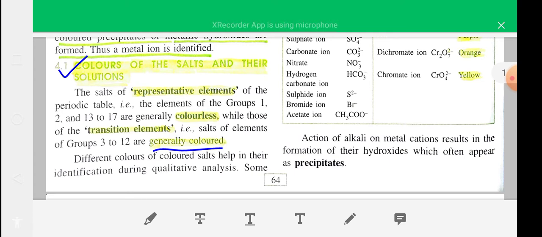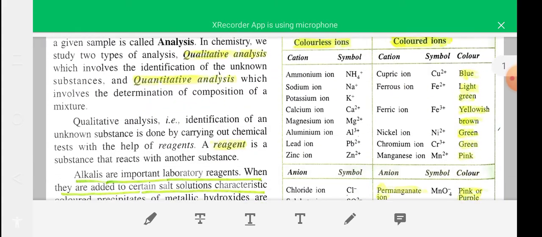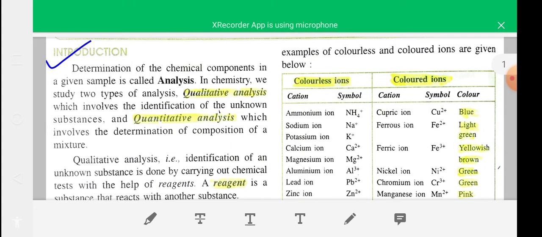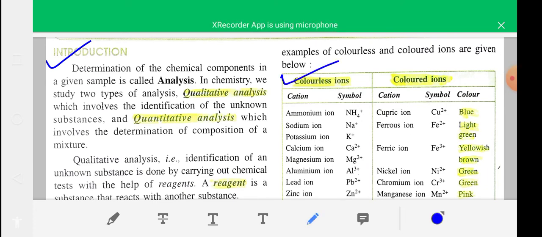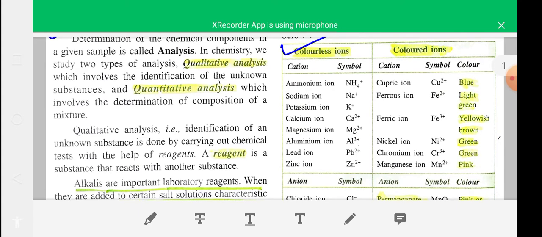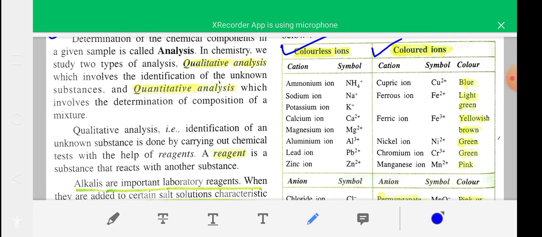We know that. Okay, so transition elements are generally colored, and the colors of different ions are given here. You can see colored ions and colorless ions. First one is colorless ions and second one is colored ions. Ammonium ion is colorless. Sodium, potassium, calcium, magnesium are representative elements.